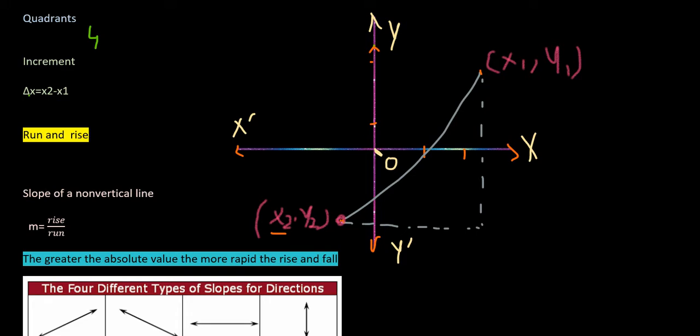So this will be our x2 and this will be our x1. By subtracting x2 minus x1, you will get an increment, that is delta x.